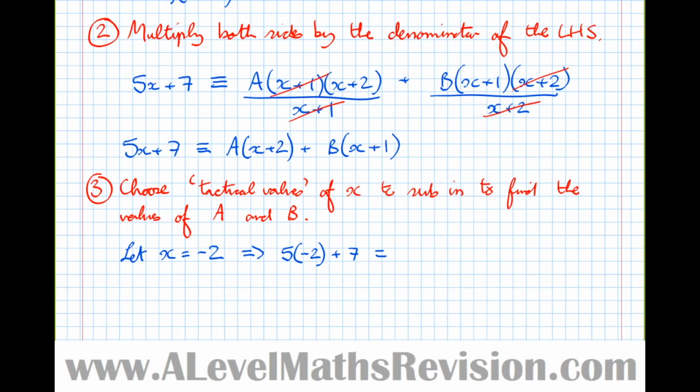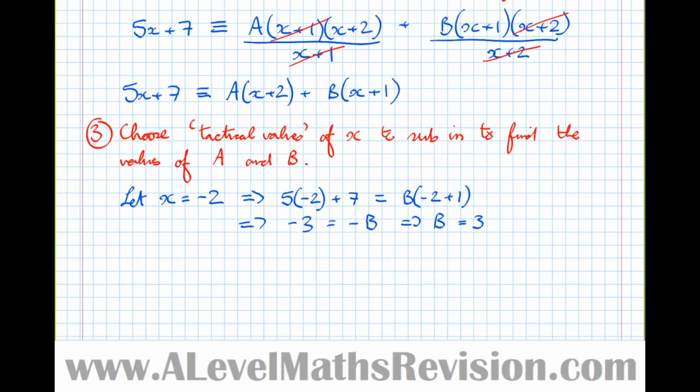So the A(x plus 2) disappears, leaving B(minus 2 plus 1). So that'll simplify. So minus 10 plus 7 is minus 3. And minus 2 plus 1 is minus 1. So minus 3 equals minus B, which means that B equals 3.